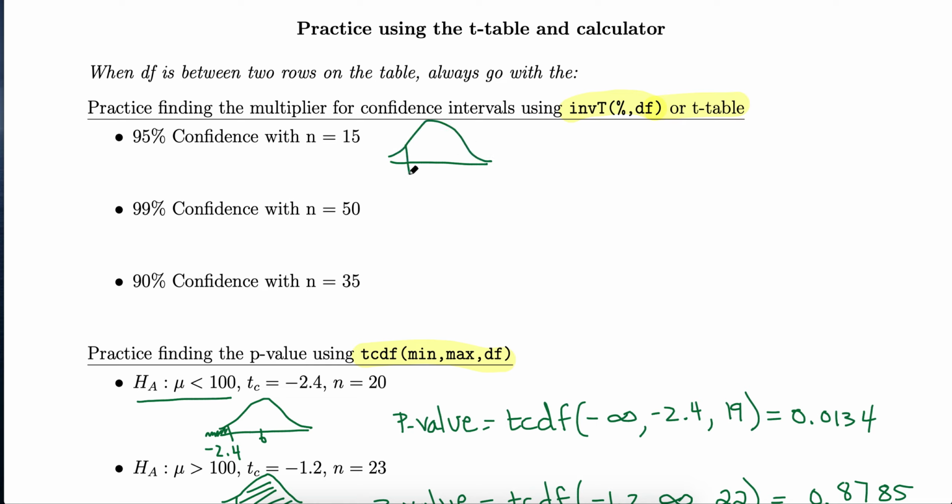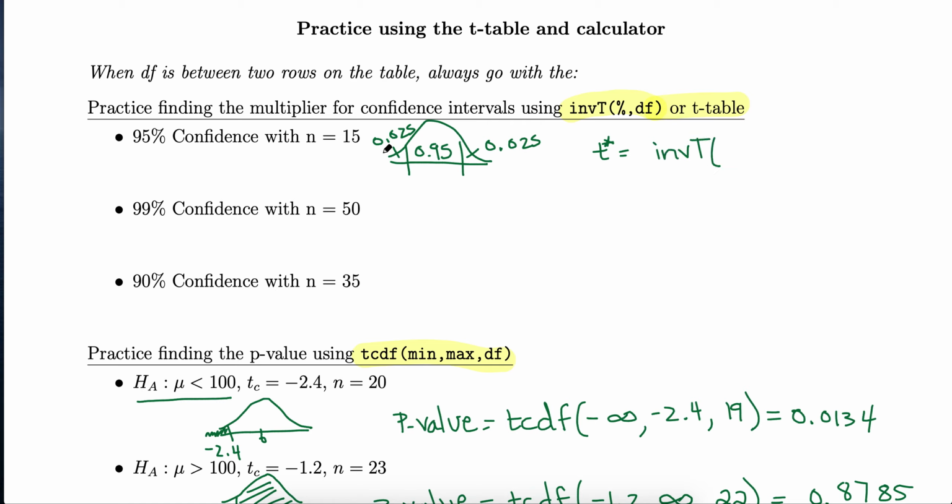So for normal, remember we had 95 in the middle, in this case, and then that would leave 5% left over, or 2.5% on either side. So I could find this value by inverse T. I know a percentage.